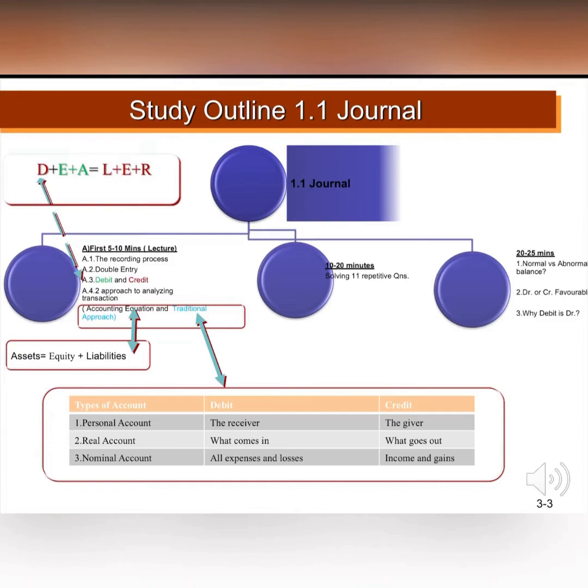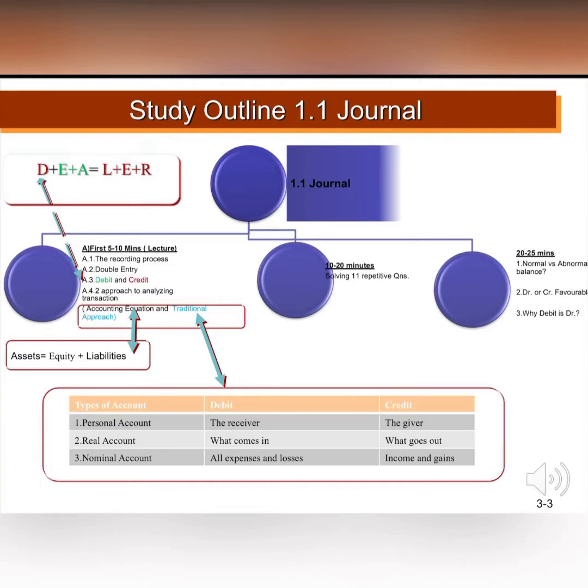So I have divided the study outline here. For the first 10 minutes I'll talk about the basic but important things about journal entries and related topics, and in the next phase, 10 to 20 minutes, I will solve the actual questions.